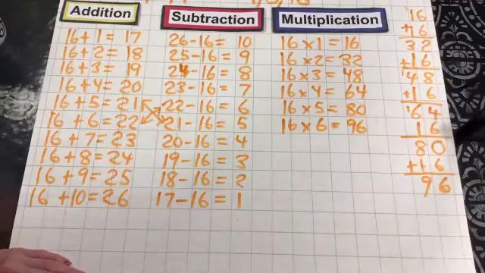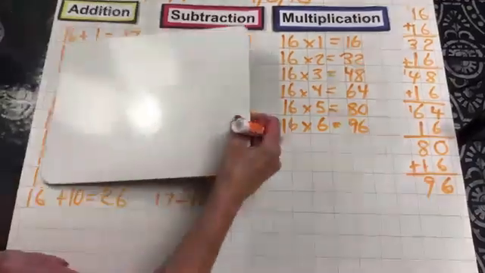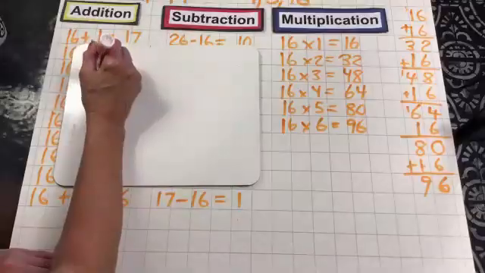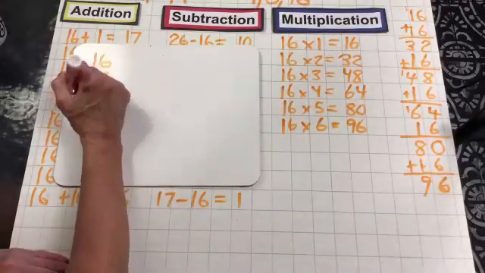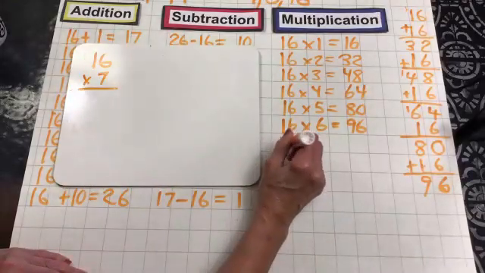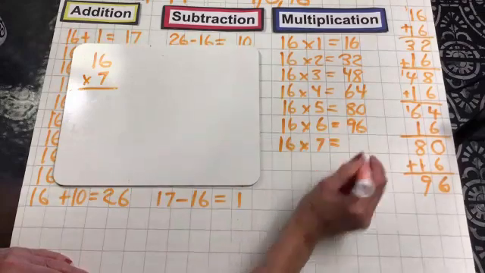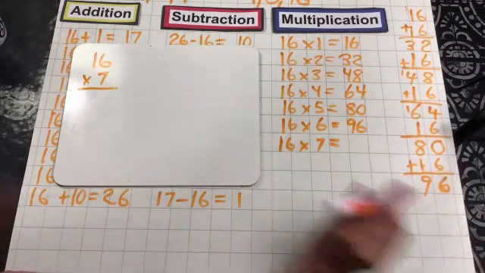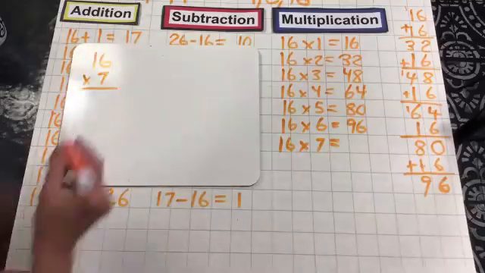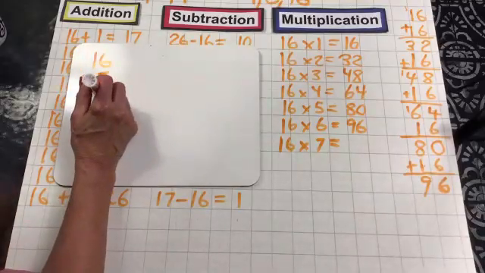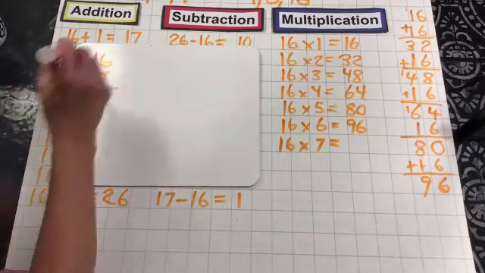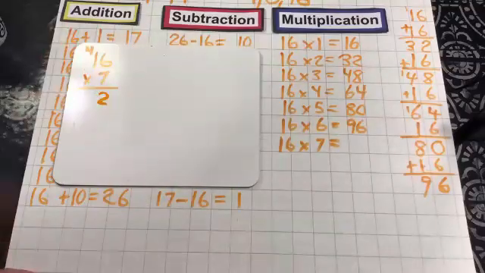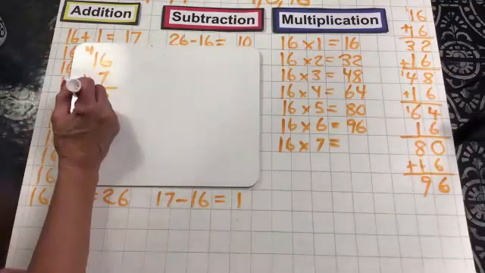And you can keep adding, but I'm going to go ahead and do multiplication here on my scrap paper. 16 times 7. So we're going to practice that way as well. And I'm demonstrating that as well. So we're talking 7 times 6 is 42. Drop the 2, carry the 4. 7 times 1 is 7 plus 4 is 11.